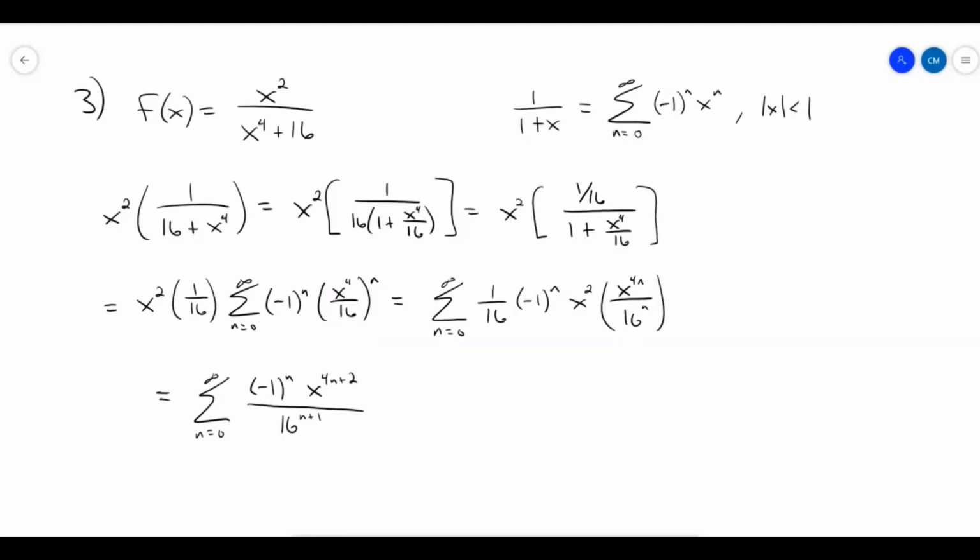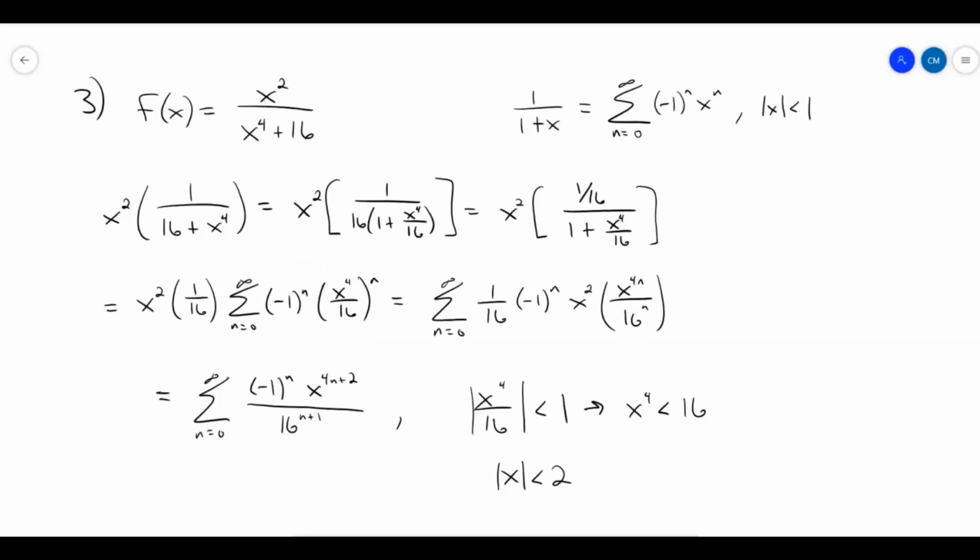And so what we do in this case is we just look at what is here, and that is the quantity that has to be less than 1. So that's the way we find the interval of convergence for these. So we want the absolute value of x to the 4th over 16 to be less than 1. And so you can solve that. x to the 4th less than 16. 4th root of 16 is 2, so we get x less than 2.